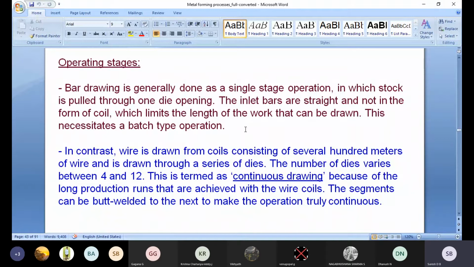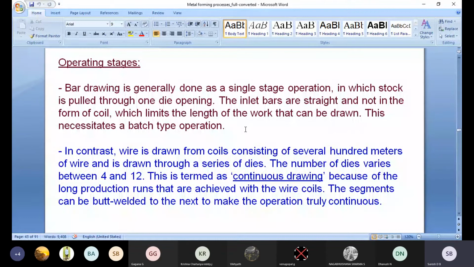Straight bars also have very little length. If you go for longer length components, it is very difficult to handle in the drawing process. With wire drawing, larger lengths can also be manufactured. This is the second difference because of the diameter difference.